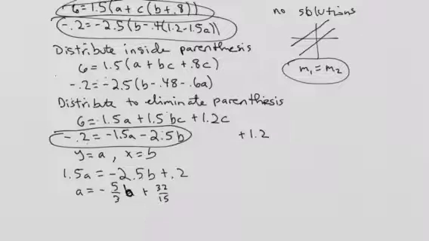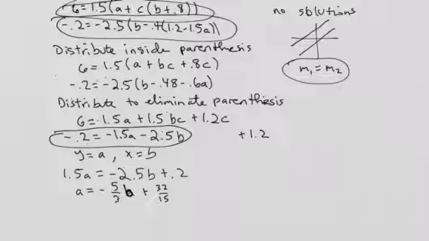So now I have something in the form, and I think you can appreciate this, of y equals mx, that's my x, plus b. What I'm really interested in is that the slopes are the same.